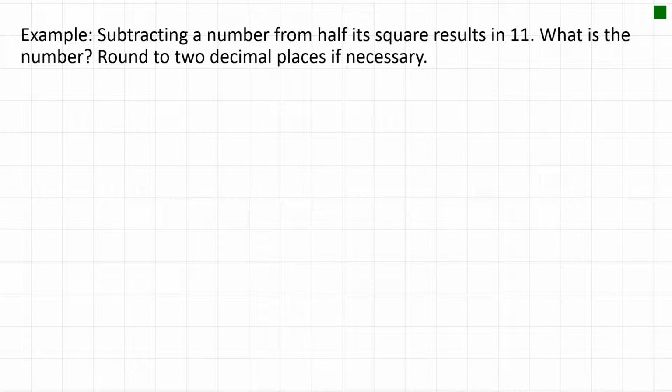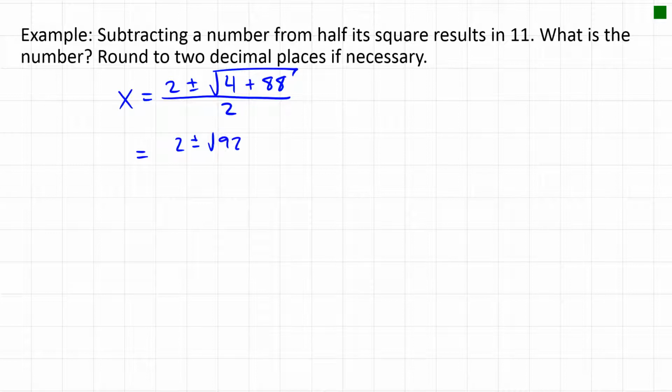Now we'll just simplify what we have. So we have x is equal to positive 2 plus or minus the square root of 4 plus 88, all divided by 2. So that would be 2 plus or minus the square root of 92 over 2.